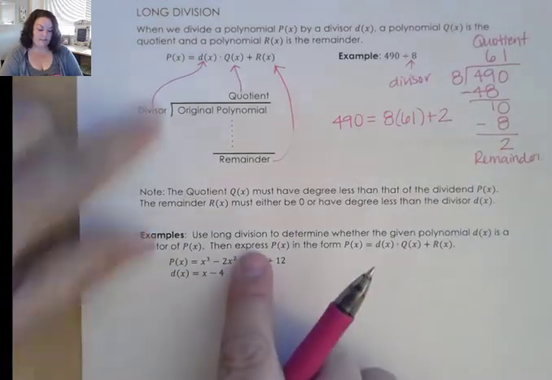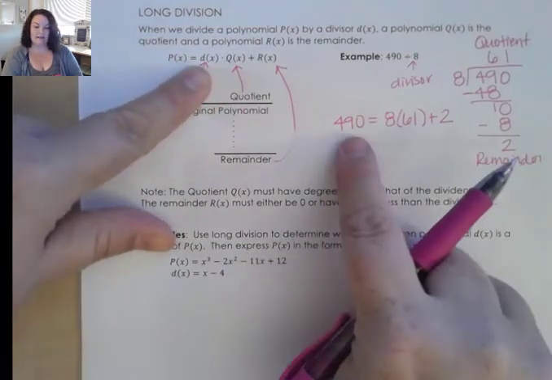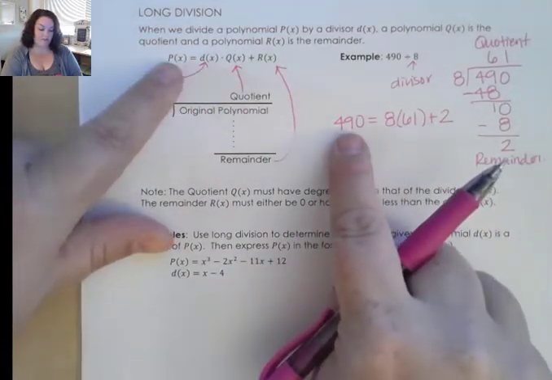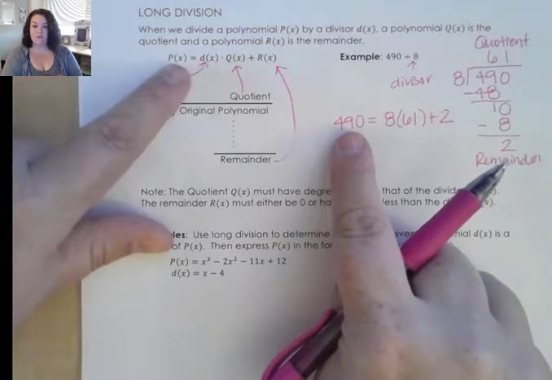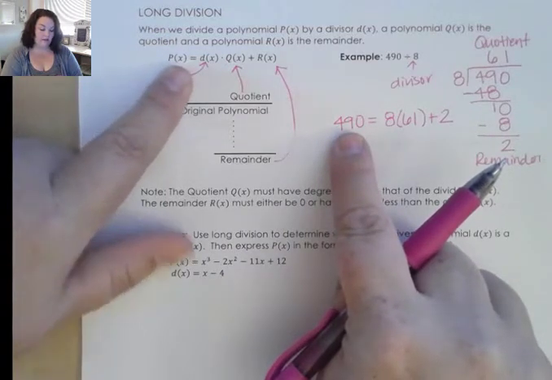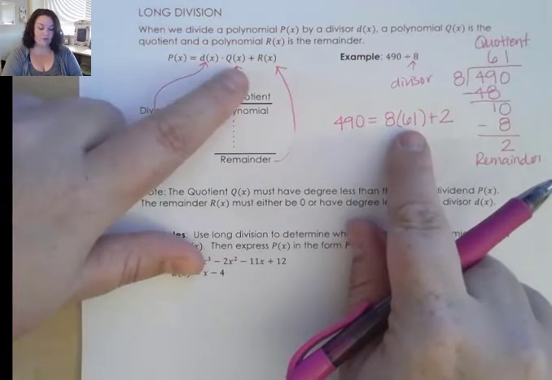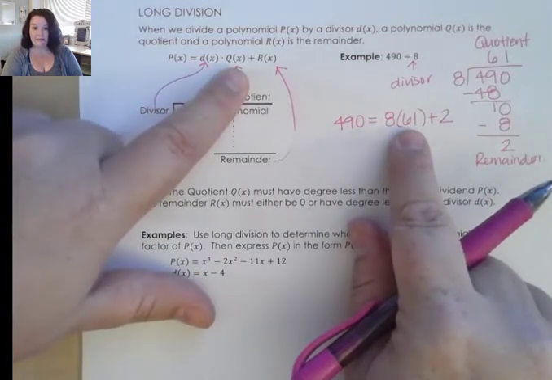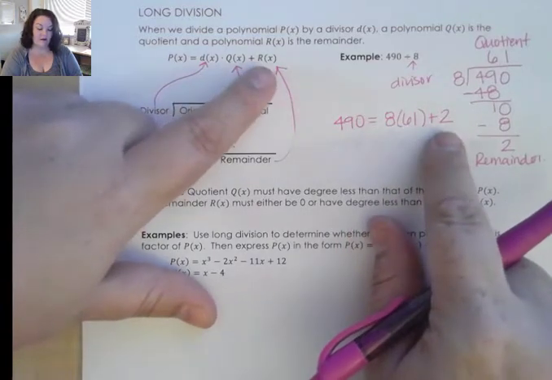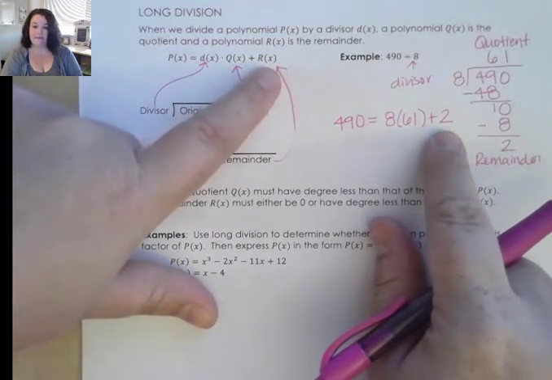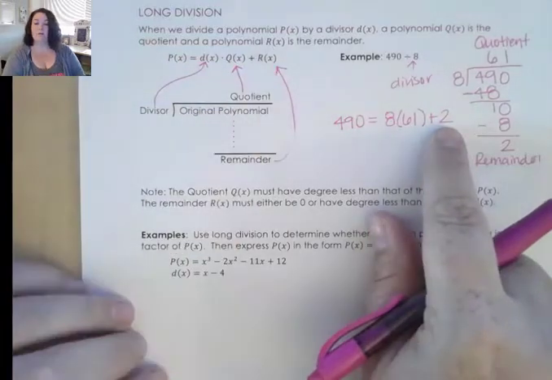So notice this is just writing out exactly what we did here. Whatever our original polynomial is, our original number that we're dividing, is equal to what we're dividing it by times the quotient that we got, or how many times it went in, and then our remainder would be 0 if it went in evenly. If it doesn't go in evenly, we write our remainder here.